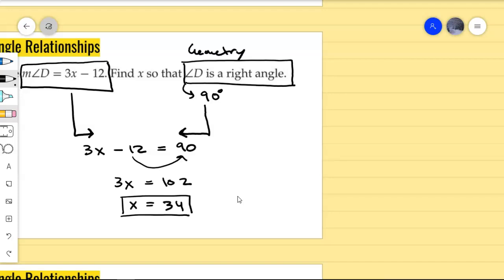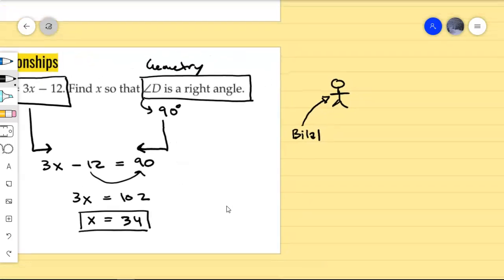Let's suppose that there was a person standing here. I'm not very good at drawings, but just to help you, suppose there's a person standing, and I walk up to you and tell you that there is a person standing right there, and their name is Bilal. So you're like, okay, that person right there, their name is Bilal.